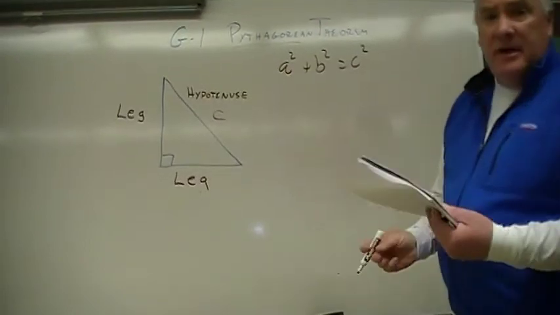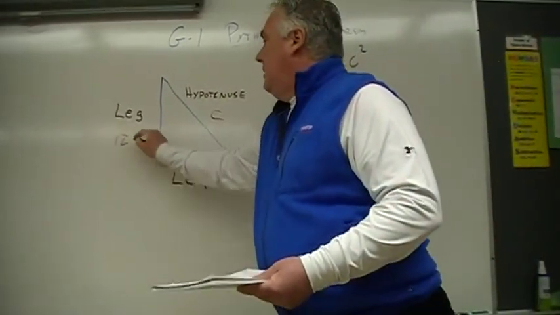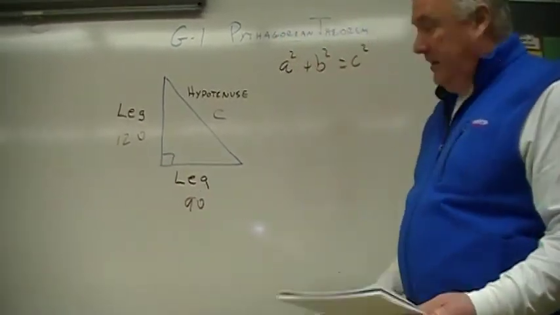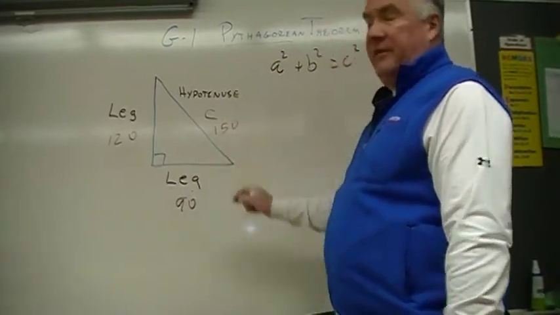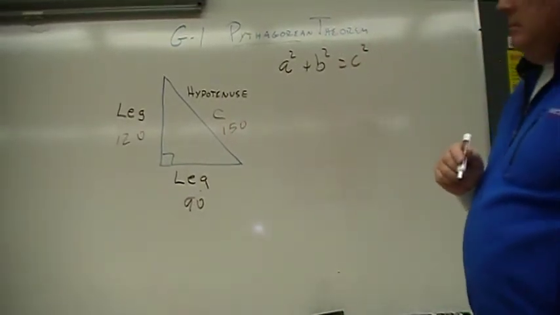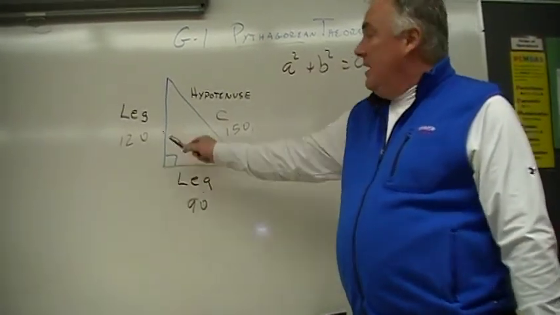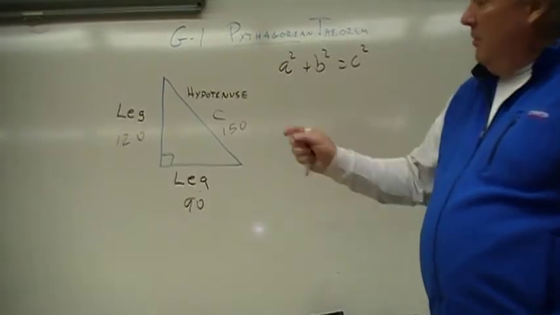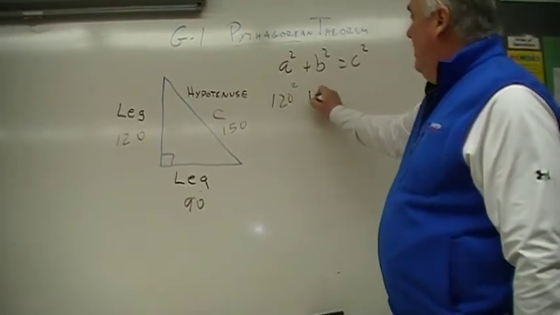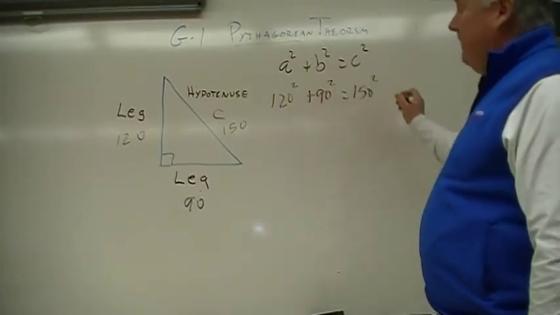We could also do this. I could give you three sides. That leg is 120. This leg is 90. This leg is 150. And I may say to you, is that a right triangle? And a right triangle would mean that the Pythagorean theorem would work here. So if we did 120 squared plus 90 squared, it would equal 150 squared.